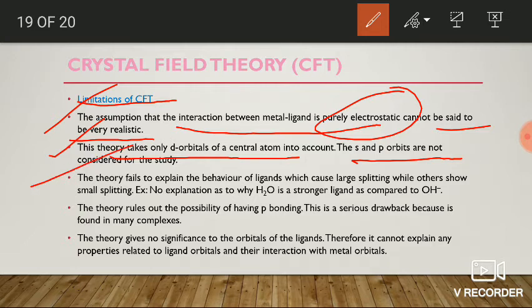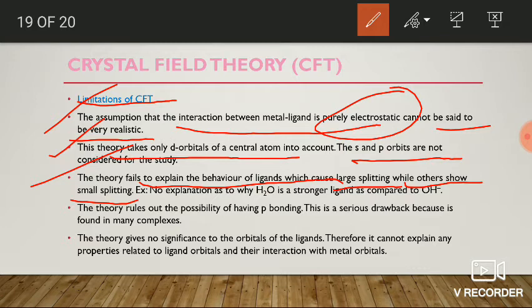Here the theory also fails to explain the behavior of some ligands which cause large splitting while some cause low splitting. Why are some ligands causing larger splitting and why are some causing smaller splitting? It doesn't give any account for this variation.